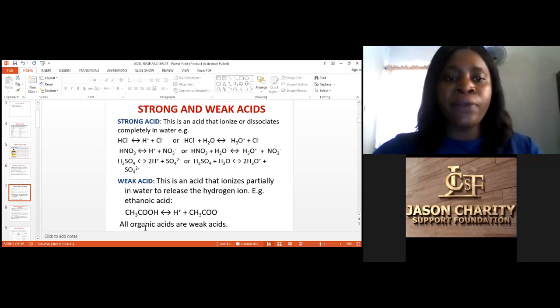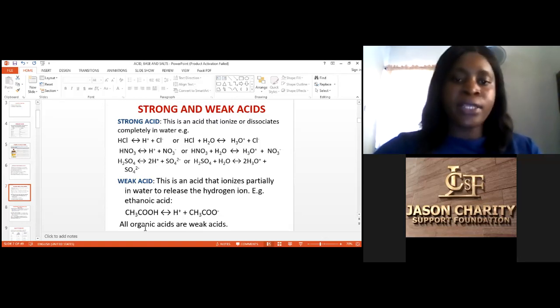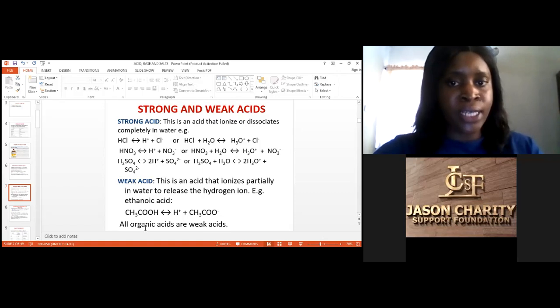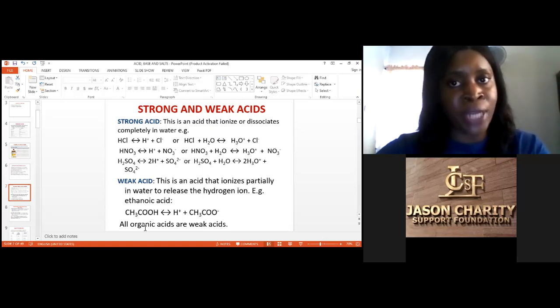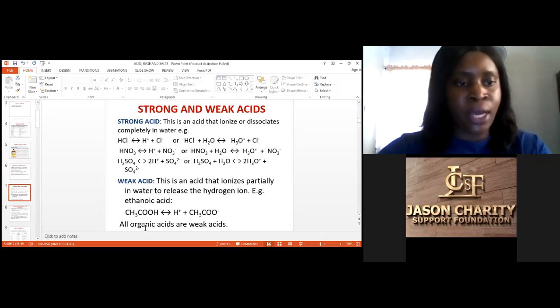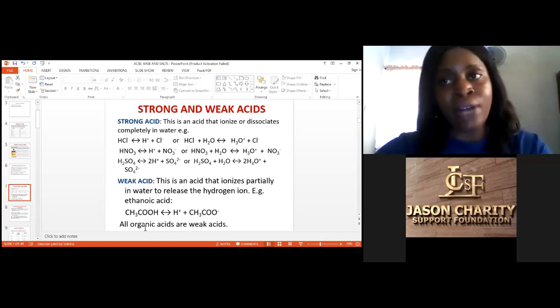Now we also have the weak acid. The weak acid is an acid that ionizes partially in water to release the hydrogen ion. An example is ethanoic acid, which happens to be a weak acid, and not just a weak acid, it is also an organic acid.